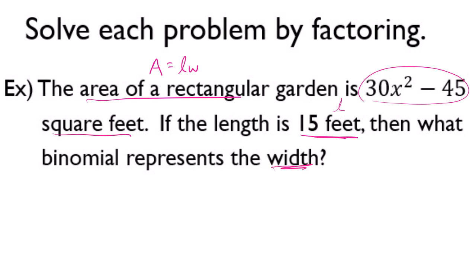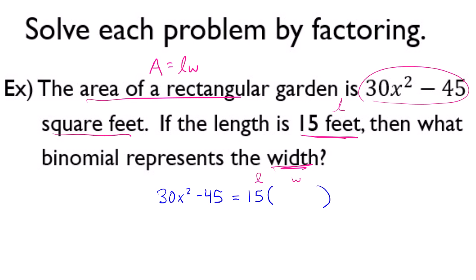Okay, so once again, if we list the area, then we know it's length times width. So if the length is 15, then I can factor that out of this, and whatever's left over will be the width. If this is the length, then whatever I get as my leftovers will be the width. So let's do that.